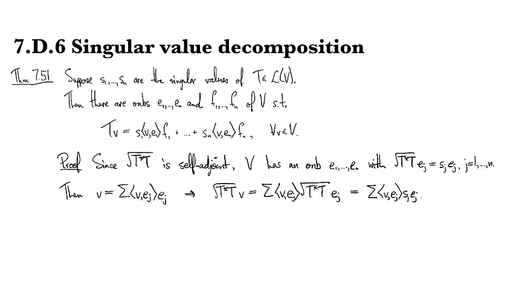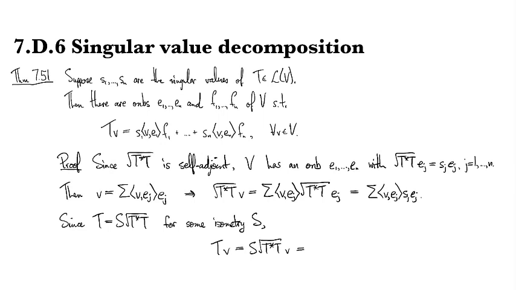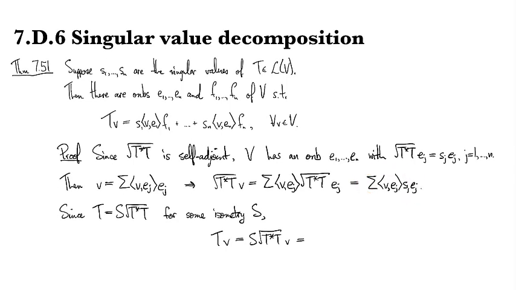Now, since we know that T looks like S times the square root of T star T for some isometry S, if we look at T applied to v, this is going to be S root T star T applied to v. So we can apply S to this thing that we had in the line above.